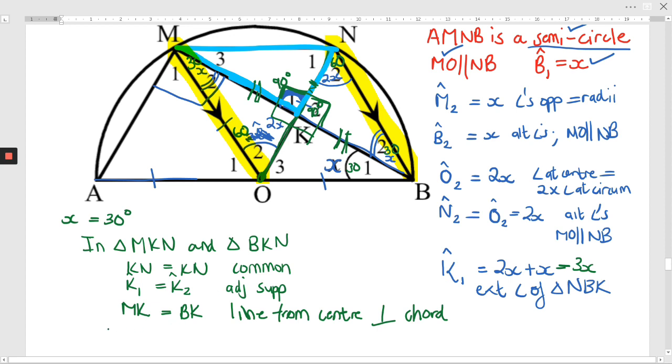Okay, once I've got the congruency proven, I can then put in the angles that gives me. So therefore triangle MKN is completely congruent to BKN.